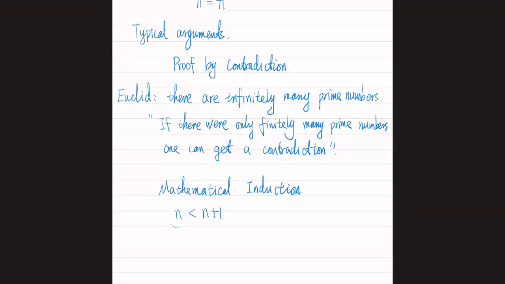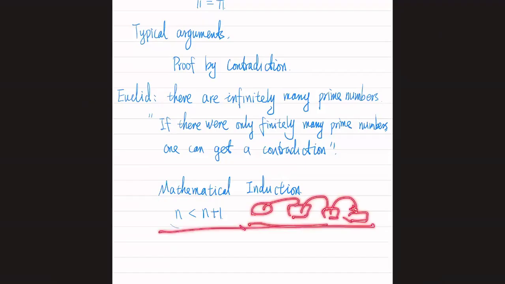Because to check this for integers, there are infinitely many cases: n equals 1, n equals 2, n equals 3, n equals 5, 100, 1000. We cannot verify them one by one. So mathematical induction is, if we can verify one of them, and we can always verify the next one from the previous one, then this automatically implies all the cases.